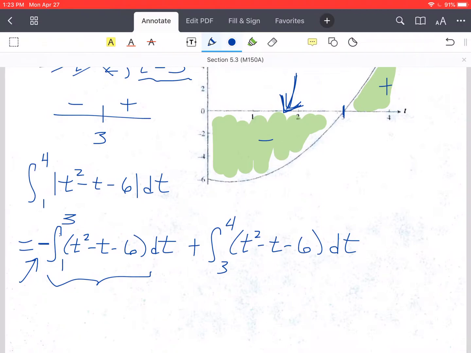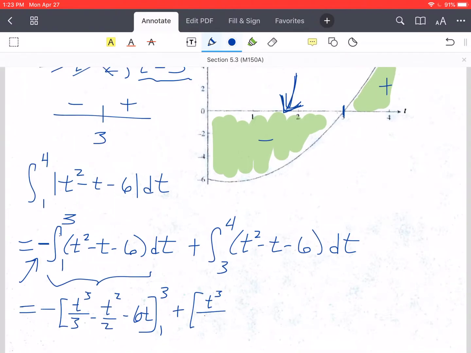Okay, and then take the antiderivative. So we get negative t cubed over 3 minus t squared over 2 minus 6t from 1 to 3, plus, and then we get the same.